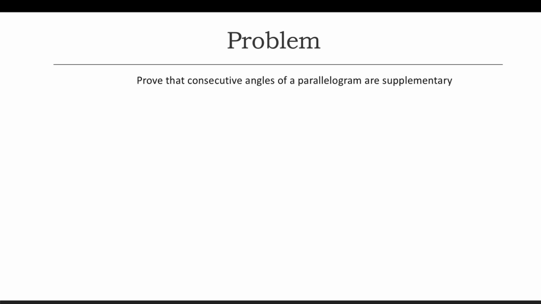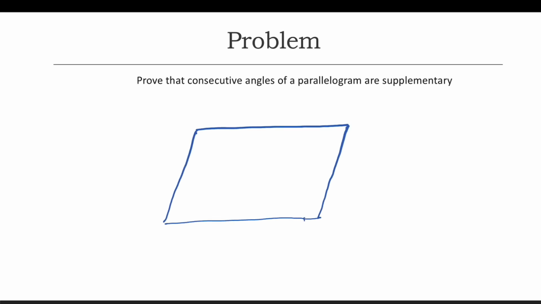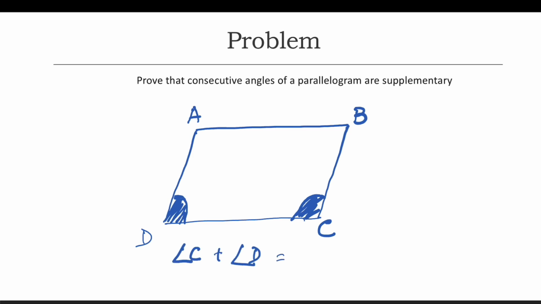Prove that the consecutive angles of a parallelogram are supplementary. What does this mean? Let's draw a parallelogram. So this is my parallelogram, right? A, B, C, D. Which are consecutive angles? This is one angle, and this is the consecutive angle. What I need to prove is that angle C plus angle D are supplementary, which means the sum of these two angles is 180 degrees.